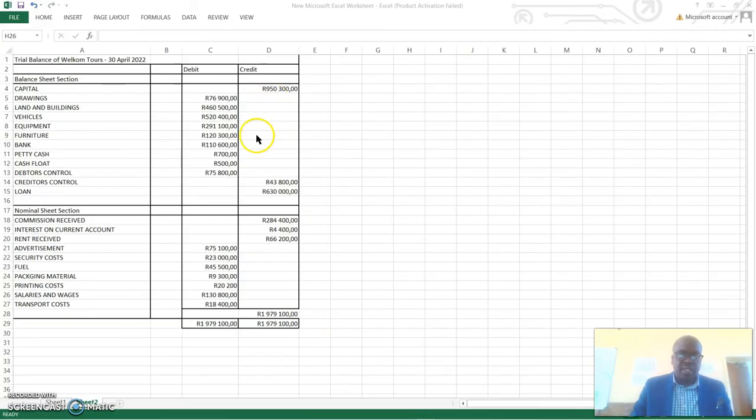You have calculated the credit side and got 1,979,100. You need to do the same with your debit side. You will have your calculator and add from the 76,900 up until the transport cost of 18,400.